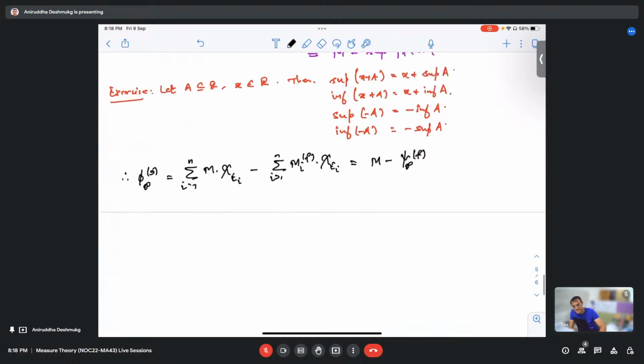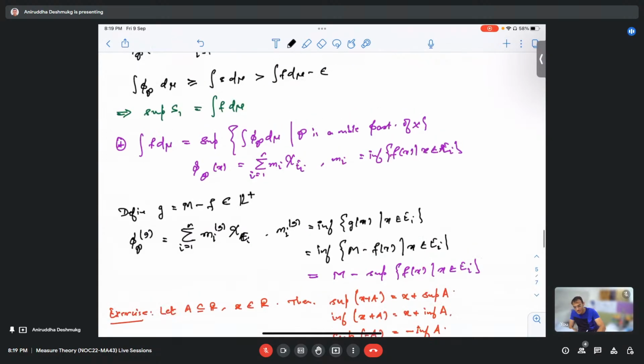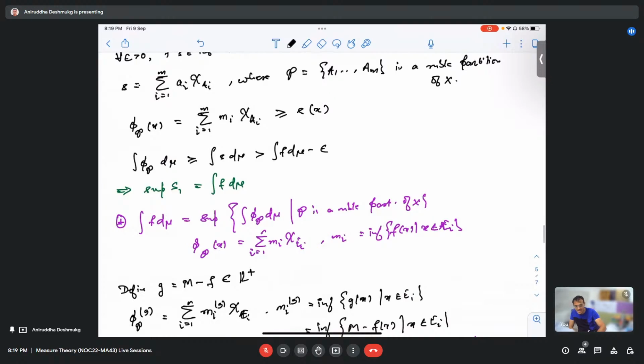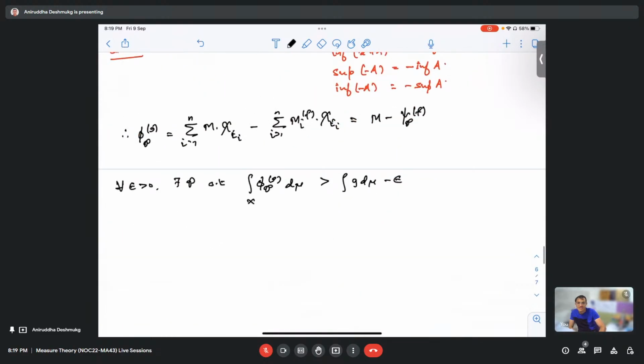Now, again, for any epsilon positive, there is a partition P such that integral of C_P g d mu is bigger than integral of g d mu minus epsilon, right? Because of whatever we proved above, that integral of f d mu can be written as this supremum, correct?